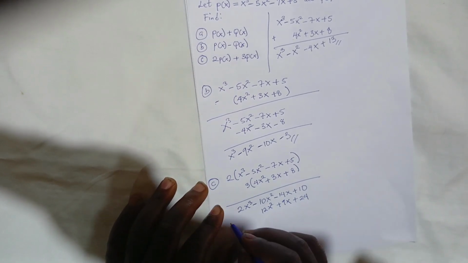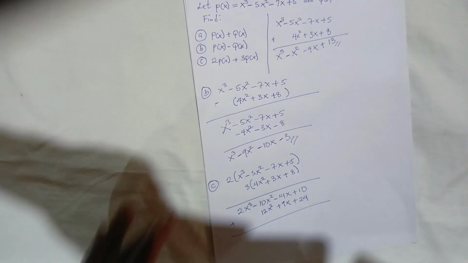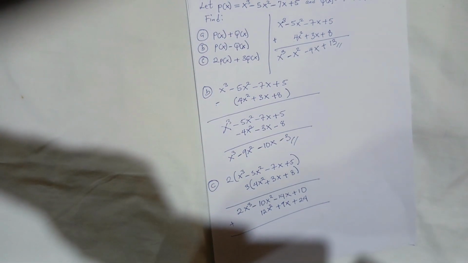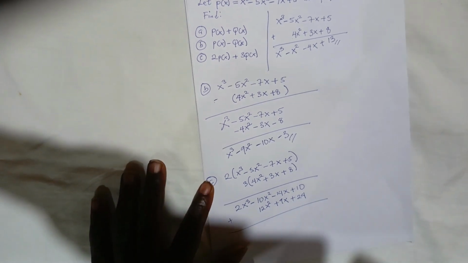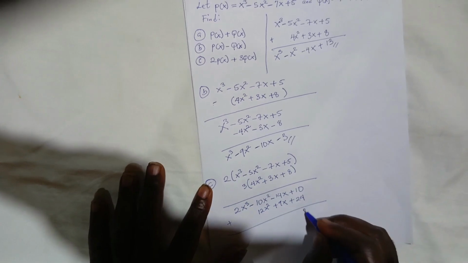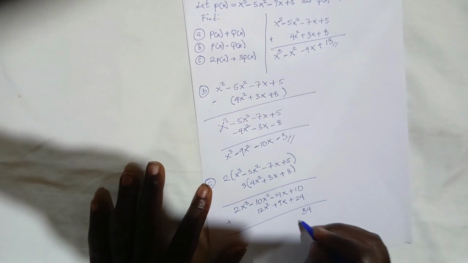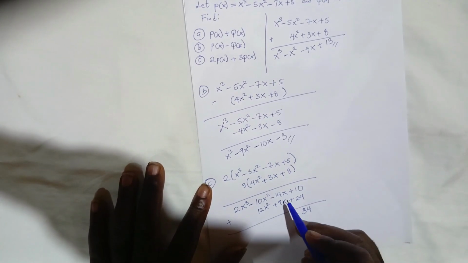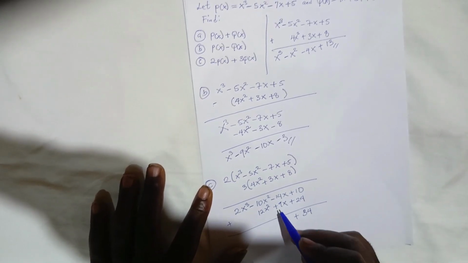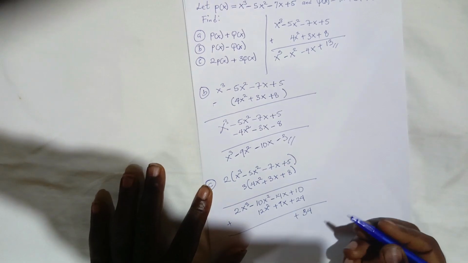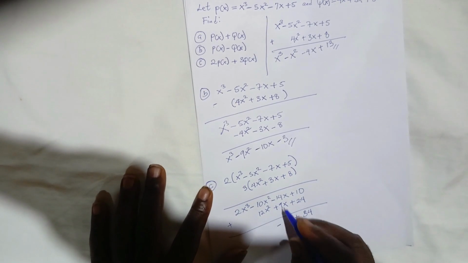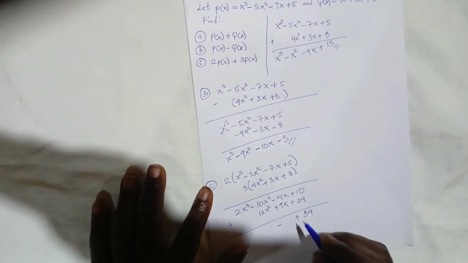Good. Now we can add, because we have used the coefficients of p of x and q of x already, so we can just add. Now 10 plus 24 is 34. So we have minus 14 plus 9. We subtract, the greater number carries the sign. So we're going to have minus 5x, because 14 minus 9 is 5.